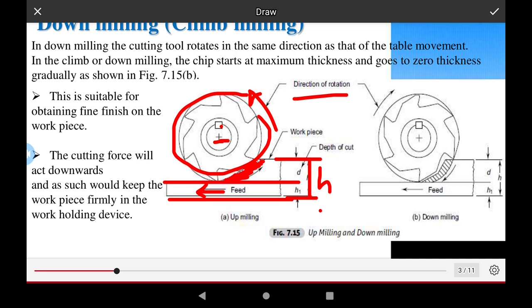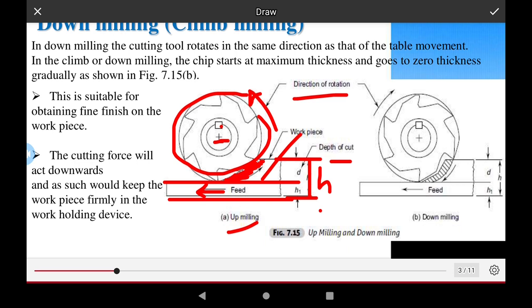In up milling, the chip starts from zero thickness and grows to the maximum thickness. The cutting starts on the surface of the workpiece, and the chip produced goes from zero to maximum thickness in this operation.